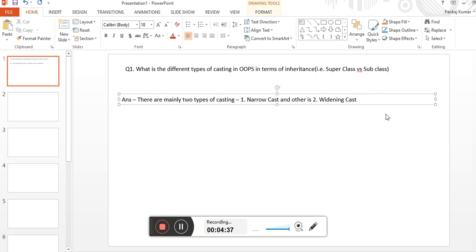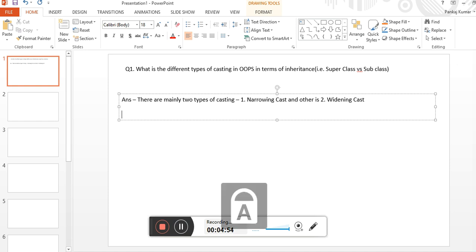So let us understand what is narrowing cast or narrow cast. Let me put this question so it will be easy for our reference: what is narrowing cast?